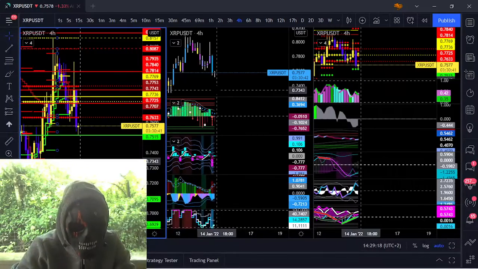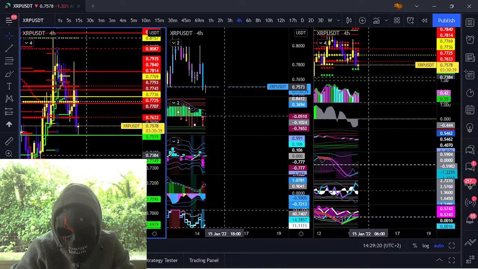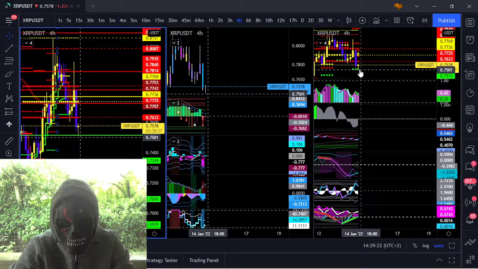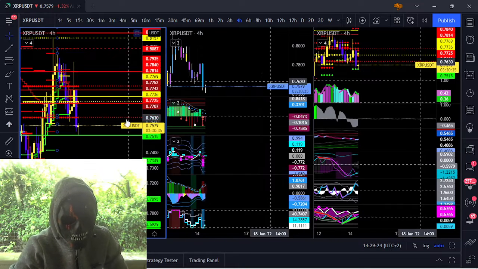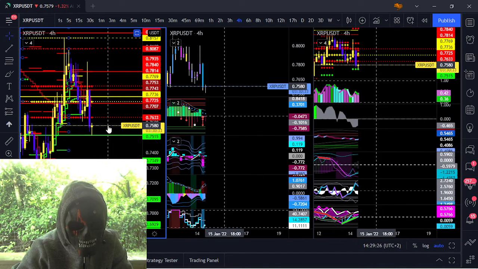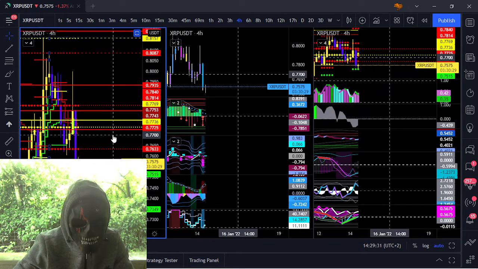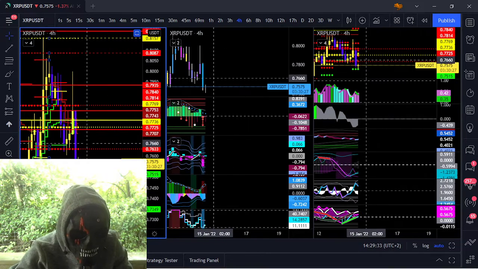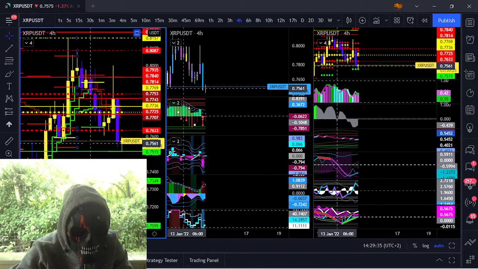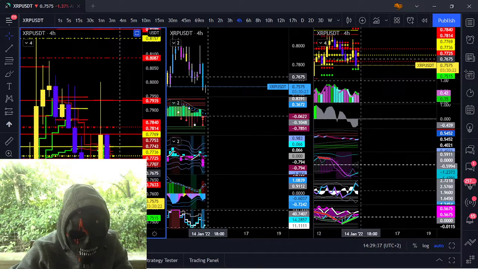Alright, so we're going to start today off with the 4-hour XRP USD. We can see that we have come into some relatively decent levels. These lines will be representing our daily volatility range, this green one over here.